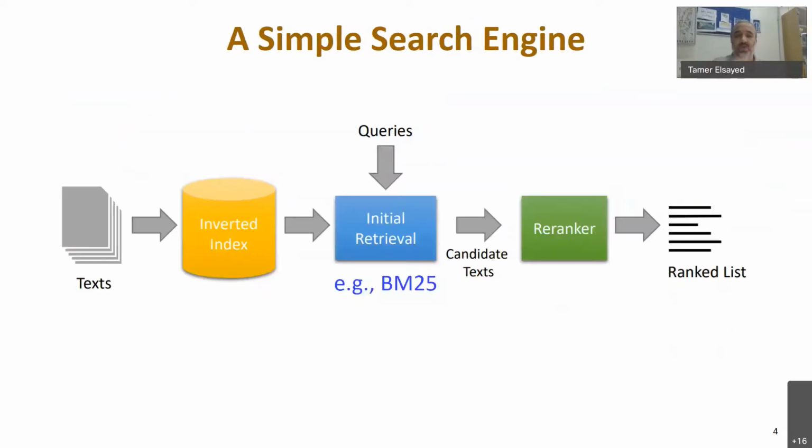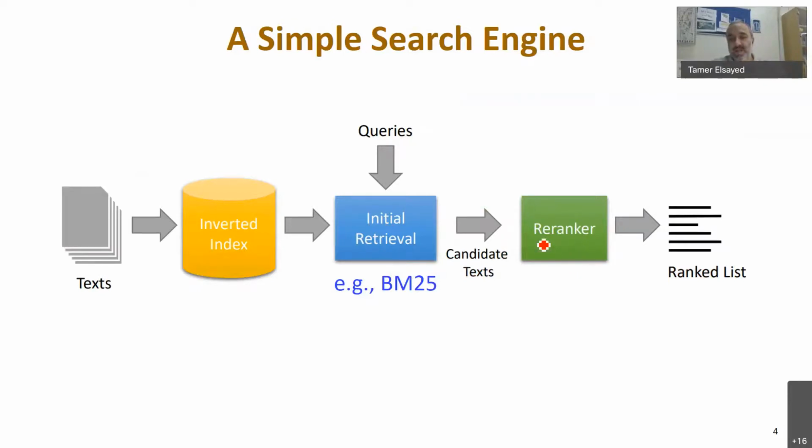So we have to do it in two steps. First, we'll do initial retrieval using some best matching or exact matching retrieval like BM25. We get some candidate texts or documents, and then we re-rank them.